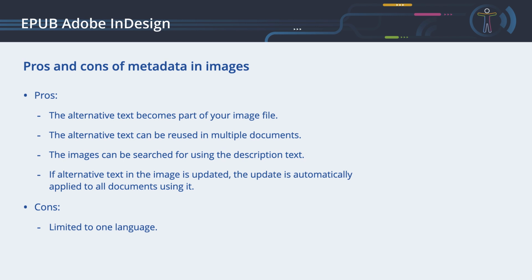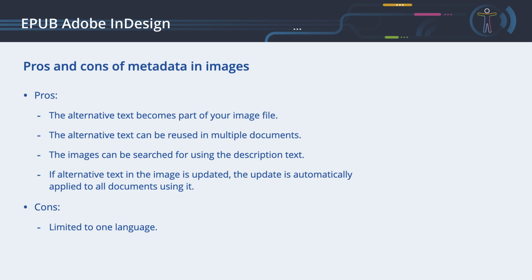Pros and cons of metadata in images. Let's summarize the pros and cons of having the alternative text as part of the metadata. The pros are that the alternative text becomes part of your image file. Whenever the file is copied or moved, the metadata stay with it. The alternative text can be reused in multiple documents.